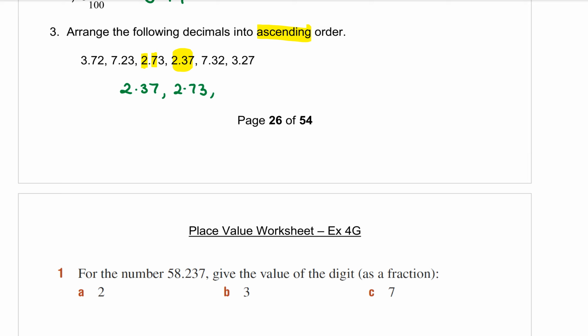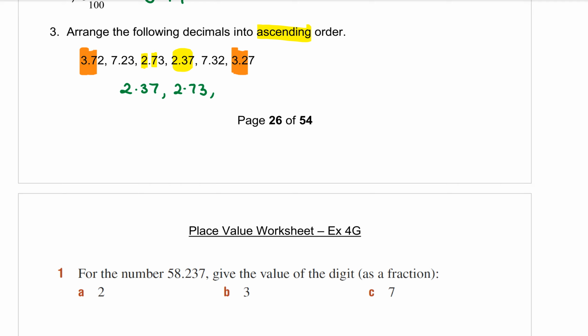2.73 would have to be next because it is the other one that starts with a 2. Then we would need to look at the next biggest numbers, and they would be the ones that start with the 3s. Okay, we would have to look at the tenths place to see which one is smaller, and 3.2 is smaller than 3.7.